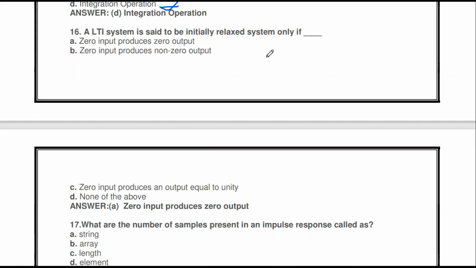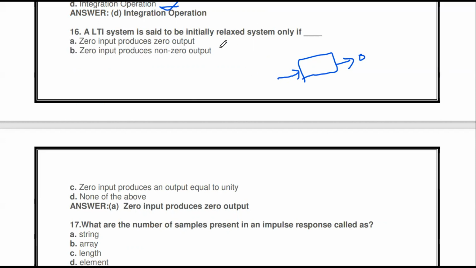Then the next one: the LTI system is said to be initially relaxed only if dash. Initially relaxed means that if you give zero input, that is x of t or x of n equal to 0, the system must produce an output equal to 0. So for zero input the system produces zero output.